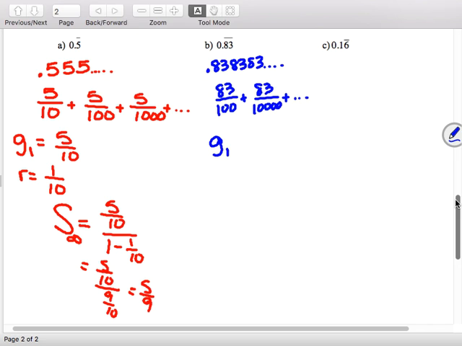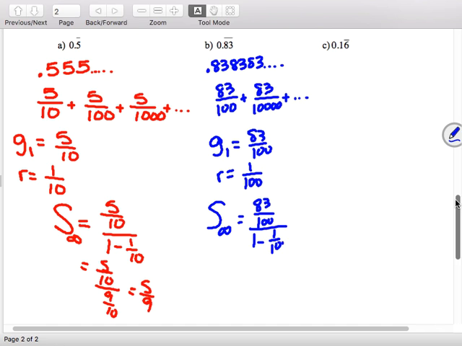So G sub 1 is 83 over 100, and R, because I have 2 decimals that are repeating, that's 1 over 100. So if I'm adding these together, so that does end up being 83 over 99. So if you're thinking, hey, I don't need to do this anymore because it's either 9, 99, 999, then you're going to get into trouble.